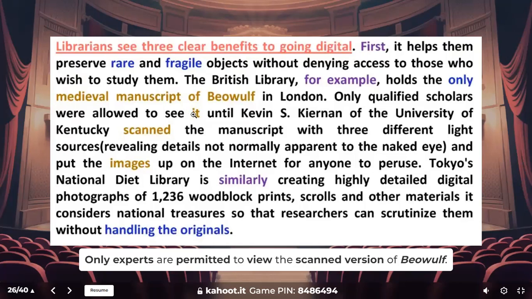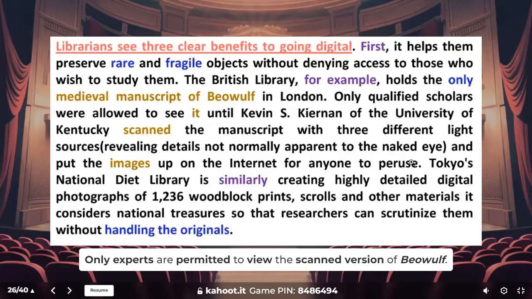To view it or to see it, well, this is the actual version. Okay, now this is why here the question is about to view the scanned version of Beowulf. Now the scanned version of Beowulf is this one, and this is why they put the images up on the internet for anyone to peruse.